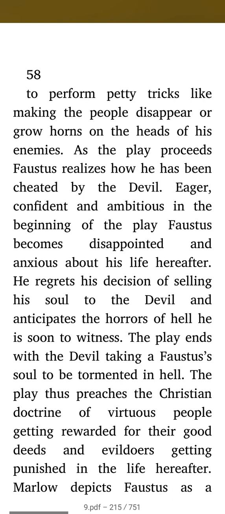Eager, confident, and ambitious in the planning in the beginning of the play, Faustus becomes disappointed and anxious about his life hereafter. He regrets his decision of selling his soul to the devil and anticipates the horrors of hell he is soon to witness. The play ends with the devil taking Faustus' soul to be tormented in hell.